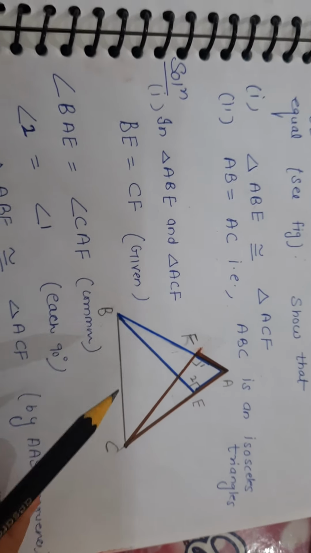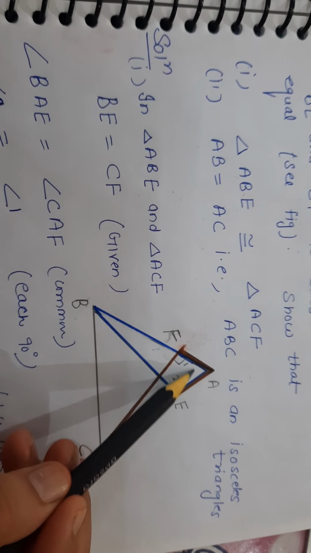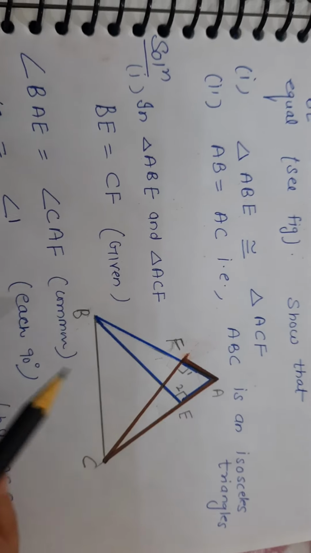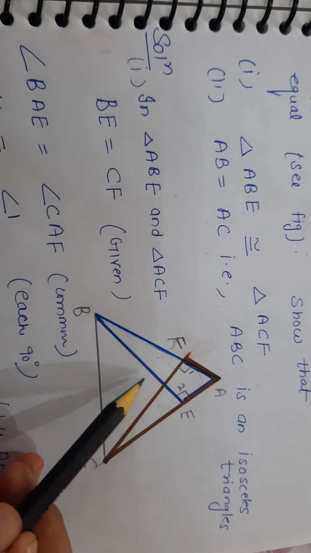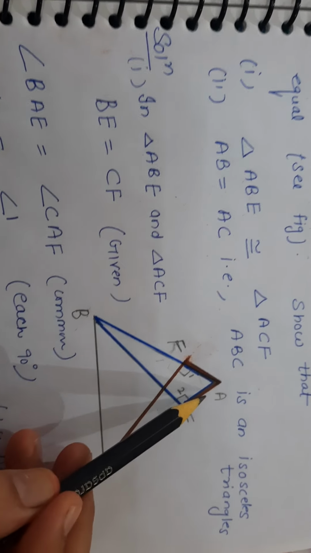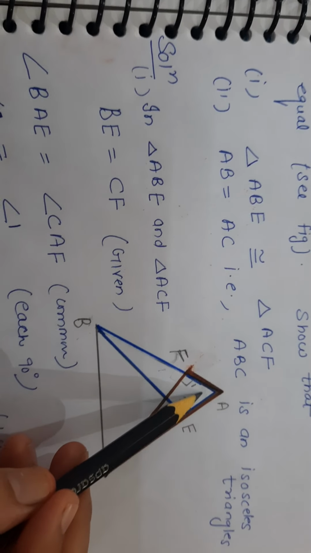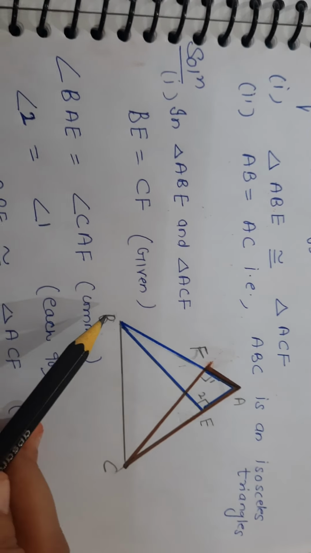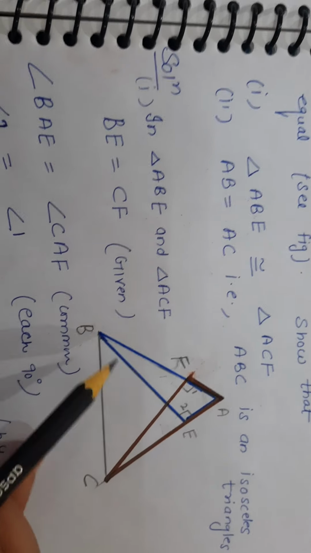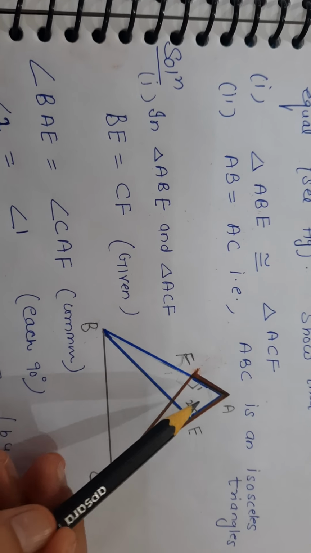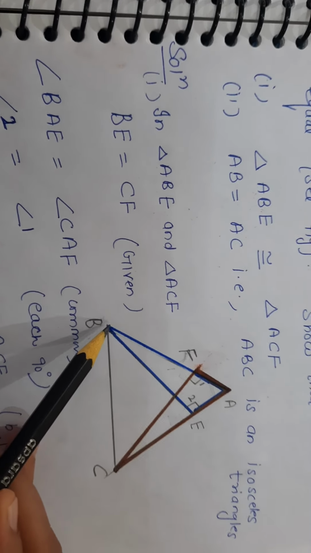The second thing, this angle is going to be common in both triangles. First, the altitudes are given to be equal. Now this angle A is common in both triangles. The first triangle is ABE, so for this triangle I have given the name of this angle as BAE.